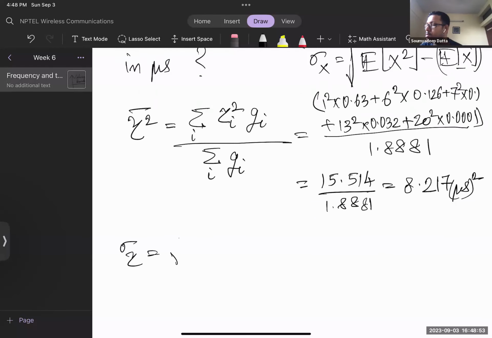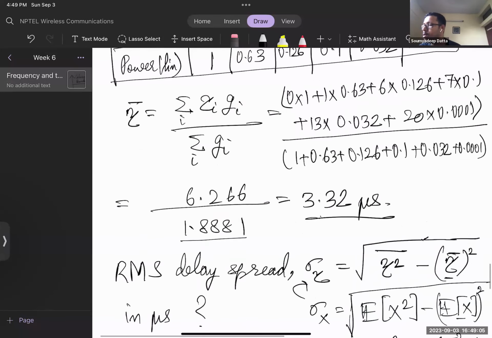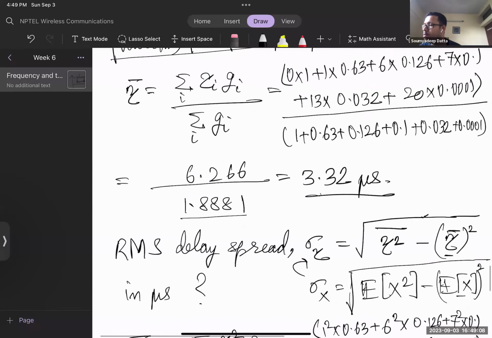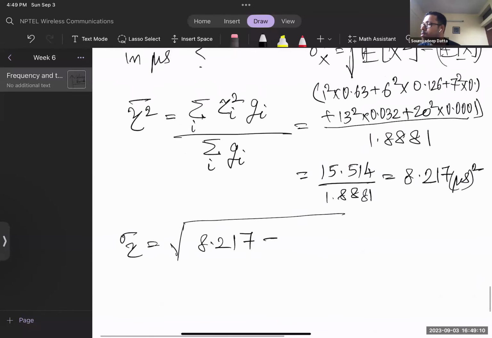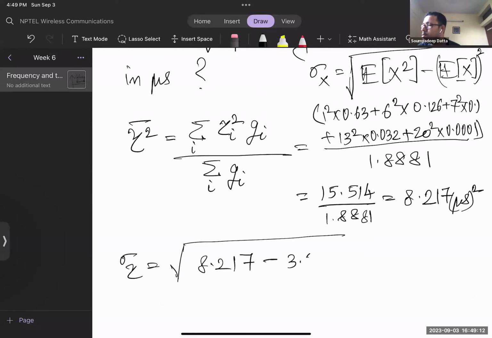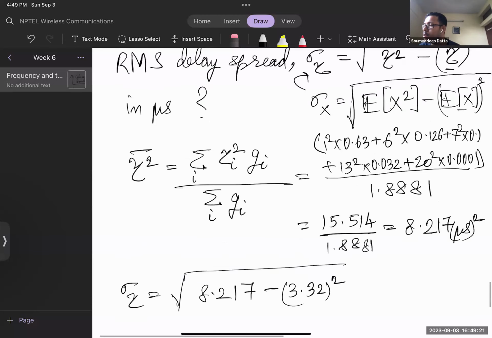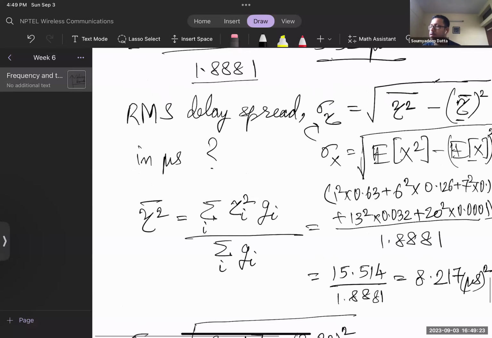So let us quickly now calculate this sigma tau quantity. Sigma tau is equal to the square root of 8.217 minus this square, so 3.32 whole square. So let us see.